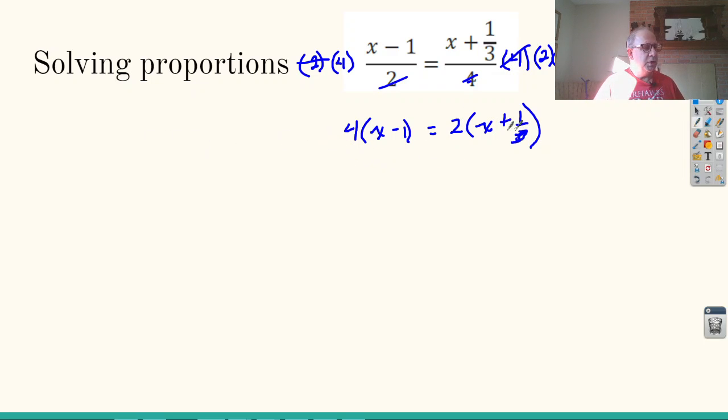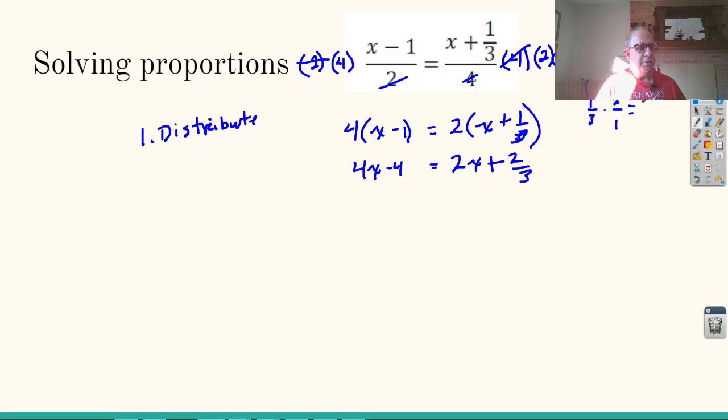But now this is a really simple problem. Here, it looked really, really difficult. But here, it looks like the stuff we've been doing. My first step, distribute. So if I distribute, I have 4x minus 4 equals 2x plus 2 over 3. 1/3 times 2 over 1 is 2 thirds.